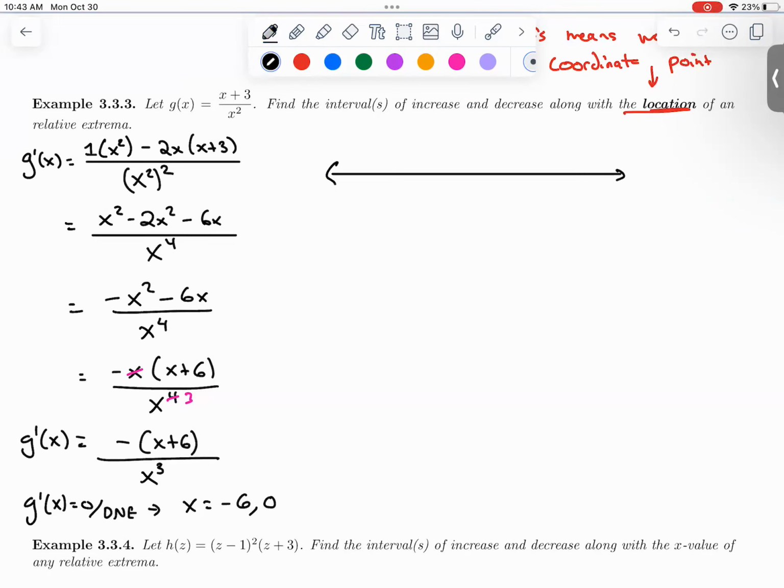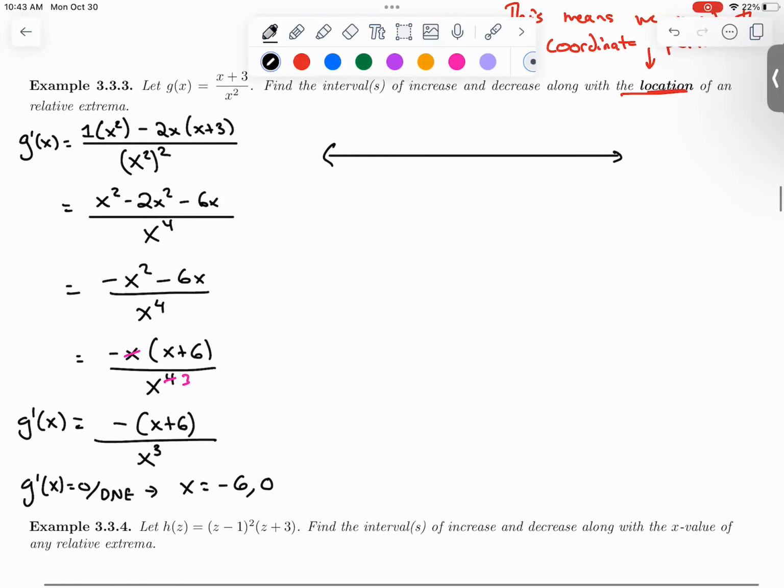As an aside, negative 6 is a critical value because g of negative 6 exists. This is a CV, whereas 0 is an SCV because g of 0 does not exist.